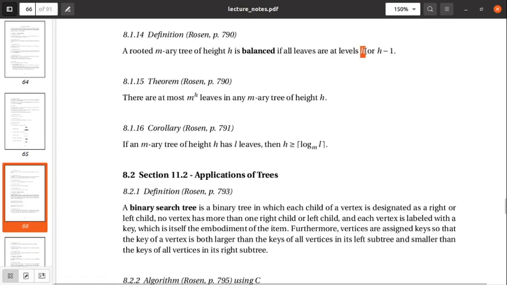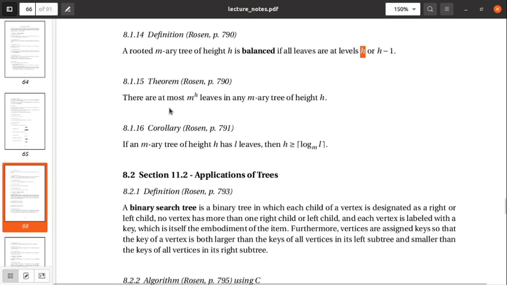And then that hth one, that last one, has whatever the last overflow and the remainder of eggs were stuffed into that one. And so we say it's balanced as long as all of the others were full and all of the leaf nodes live on one of those 2 levels: the last full level, and then whatever partial number of leaf nodes you had for that final level.